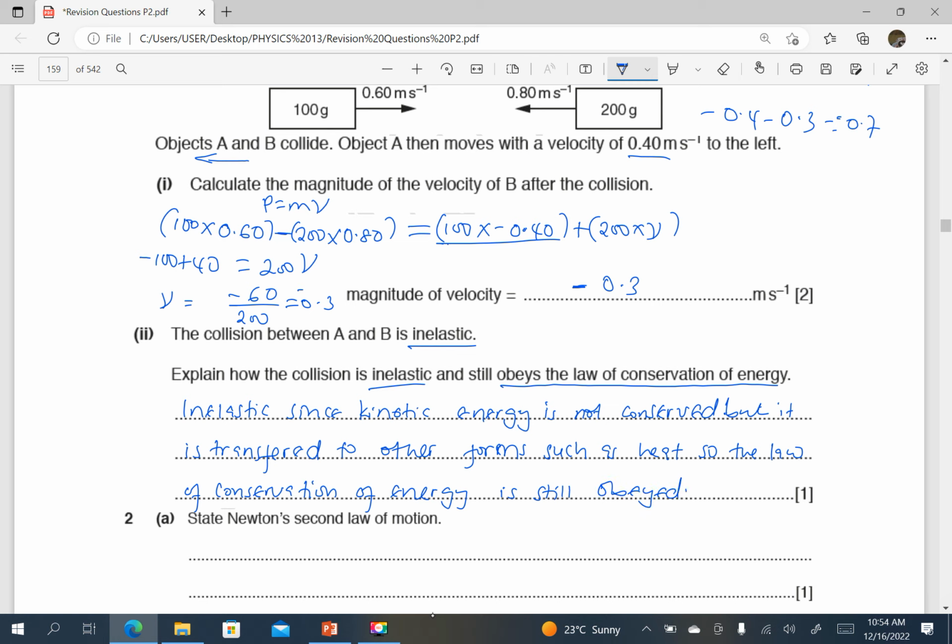State Newton's second law of motion. Of course, the second law is the easiest.